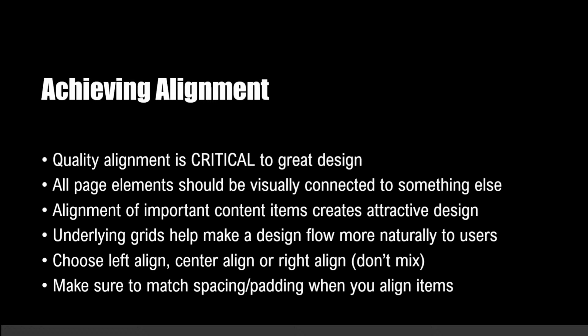So quality alignment is critical to great design. So all page elements should be visually connected to something else. And alignment of important content items creates a more attractive design, but it also helps to generate flow. We typically choose an alignment type. We will choose left align or center align or right align, and we don't mix them.